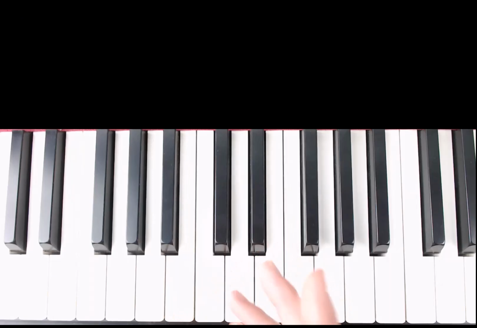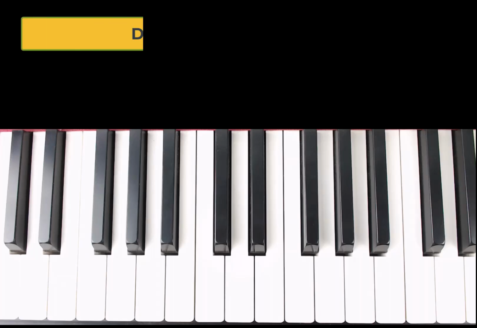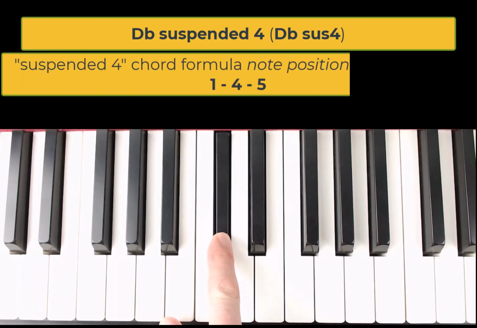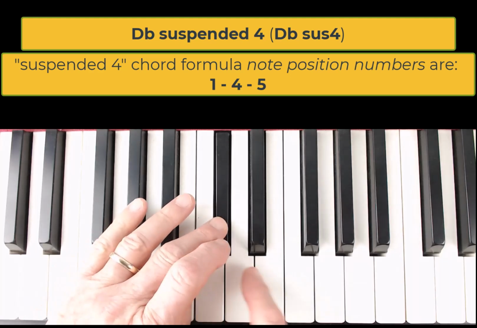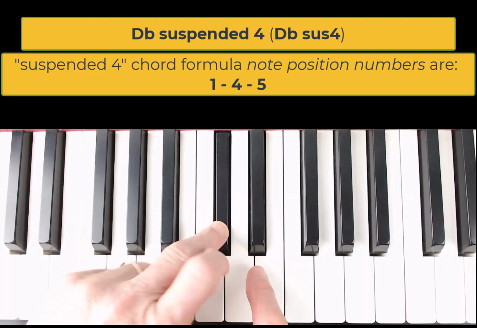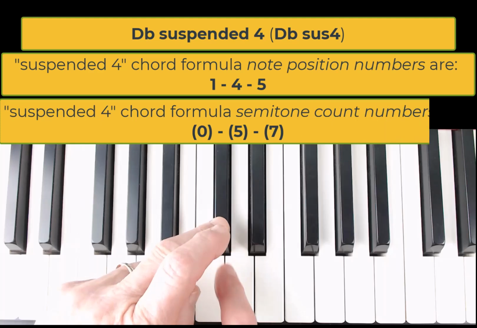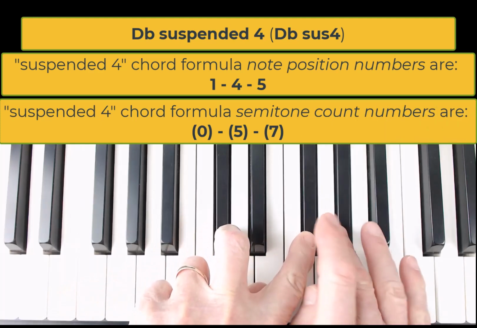Then the last one that we can look at is a sus4 chord. Let's look at that D flat sus4 that we saw earlier. Our D flat note is here, and our chord formula for a sus4 chord is 1, 4, and 5 note positions. For my world, I'm going to do semitones, so that equates to 0, 5, 7: 0, 1, 2, 3, 4, 5, 6, 7.